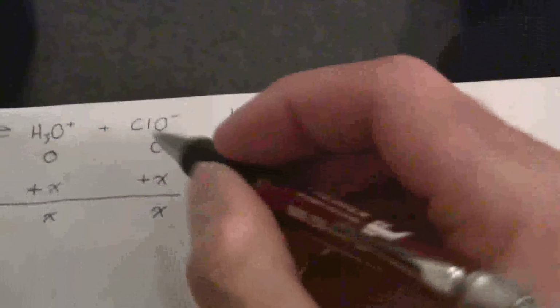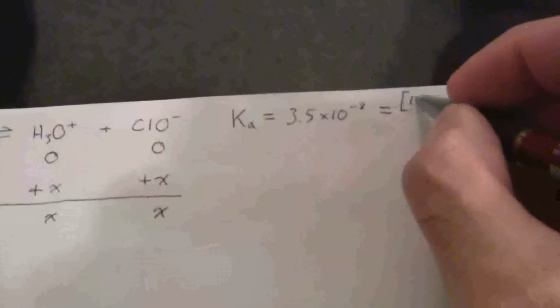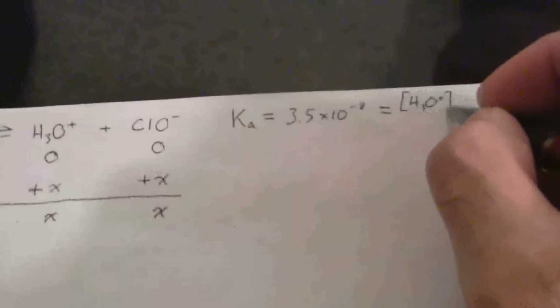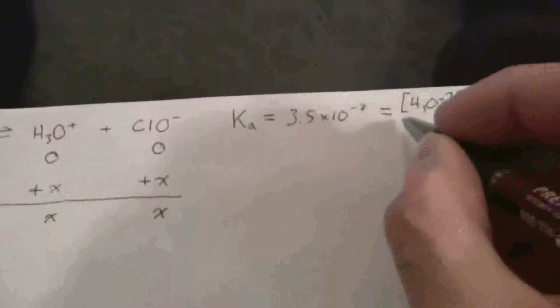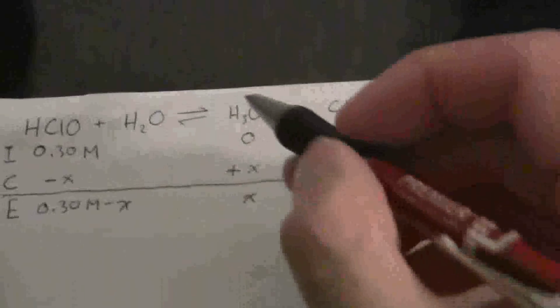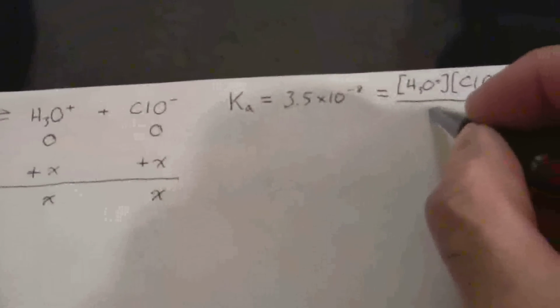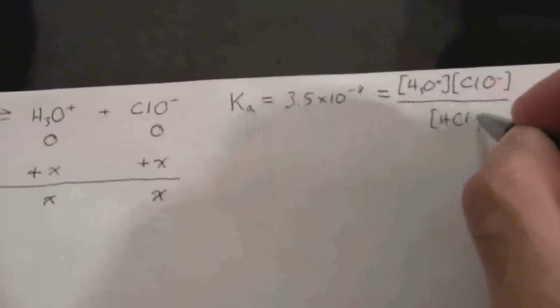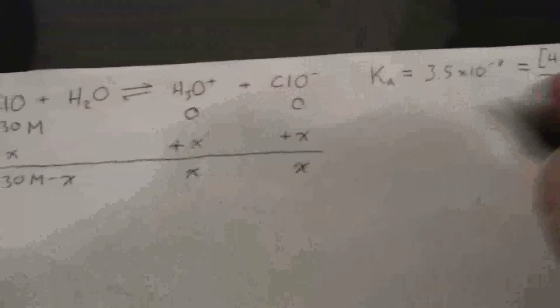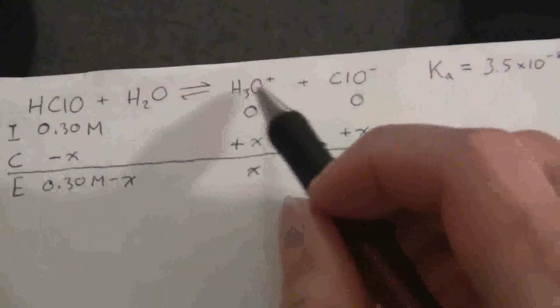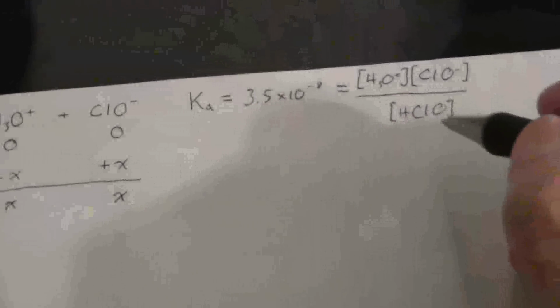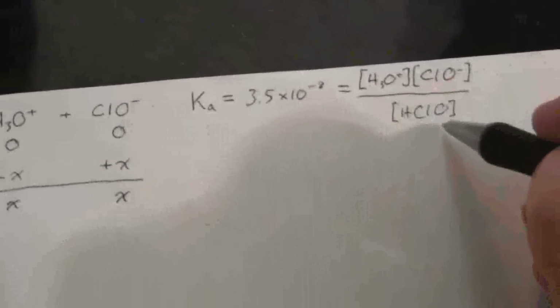So here we're going to have H3O plus times ClO minus, divided by, and again we don't put the water, so it'll just be the HClO. Now I haven't explicitly shown it, but these three are all in aqueous solution, and then the water is liquid.